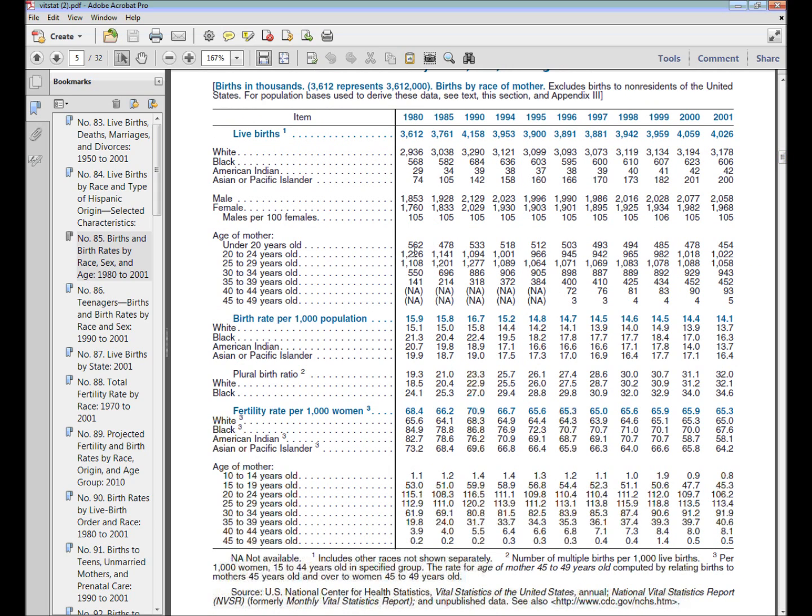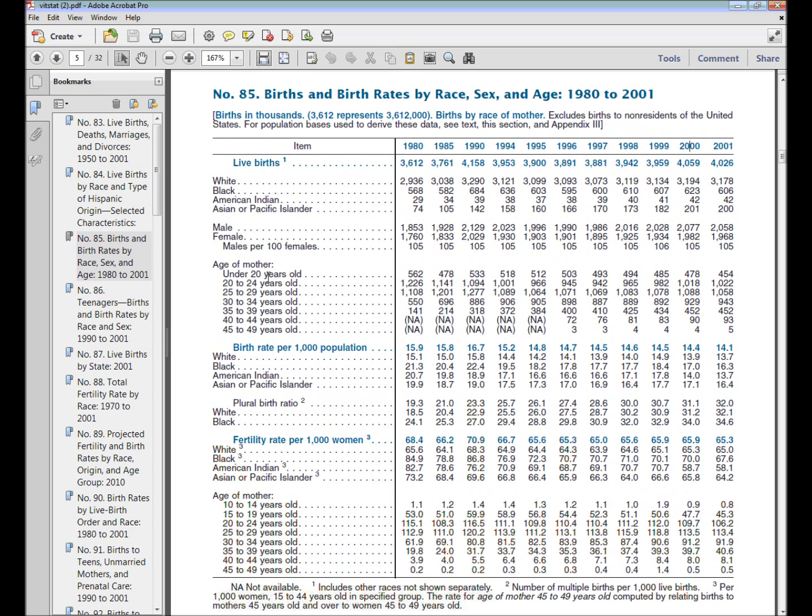So first of all, we have live births, and almost all of this top is actual numbers, so that in 1980 there were 562,000 births to mothers under 20 years old. By 2001, that number had come down to 454,000. As we get to the bottom half, we're looking at different measures.